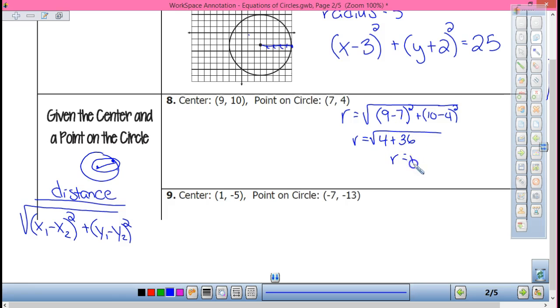So my radius is the square root of 40. Just leave it as that. Don't even put it as a decimal. Just leave it as the square root of 40, because when I put it into my equation, what's my center? So (x - 9)² + (y - 10)² equals my radius squared, which gives me 40. So if I leave it as the square root of 40, it's going to be a nice, pretty whole number for us when we square.